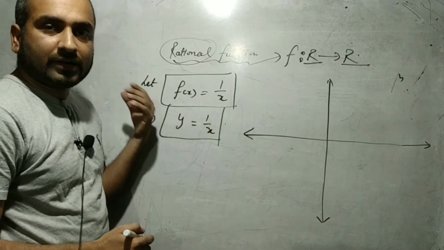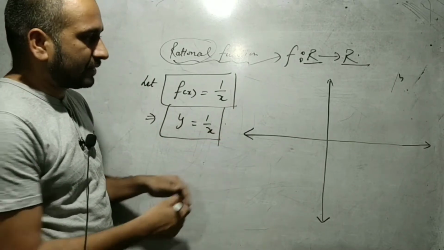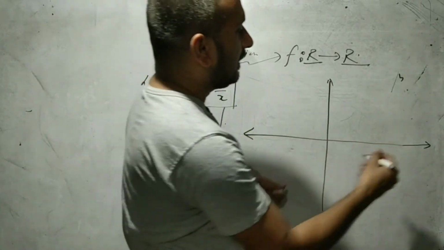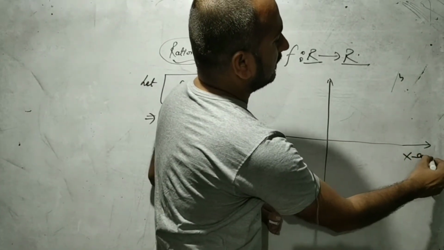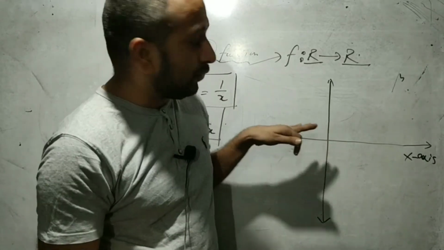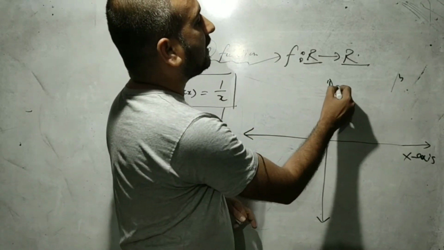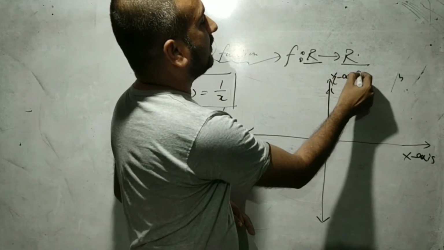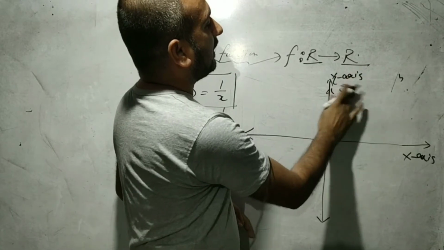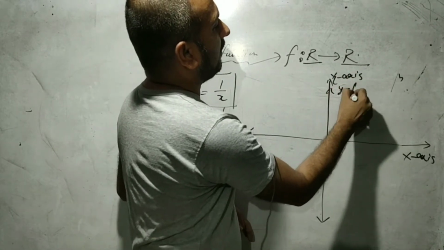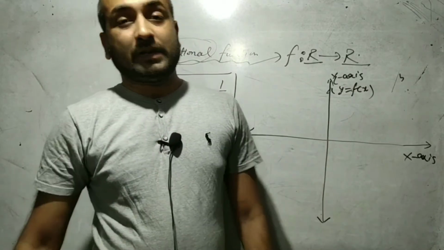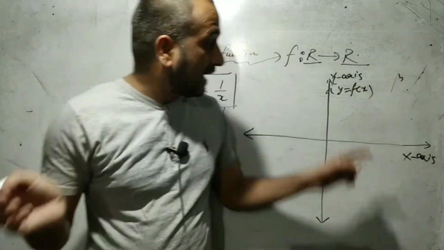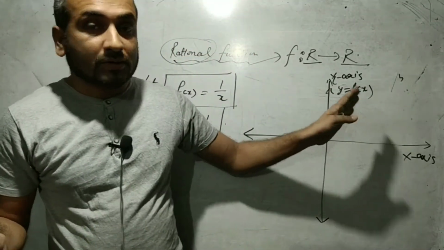Here you can take all the values of real numbers. This axis is the x axis. It is a real axis and it represents the values of the domain. And this axis is the y axis and it also represents the codomain. You can write y is equal to f of x.